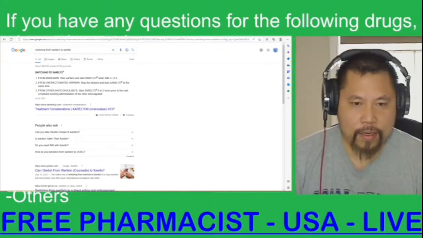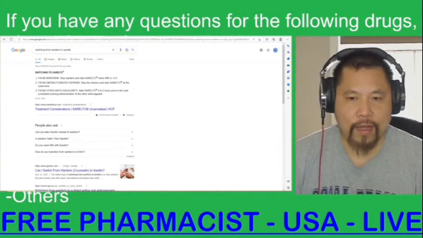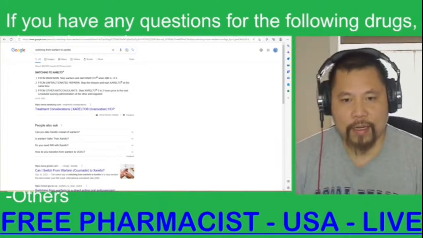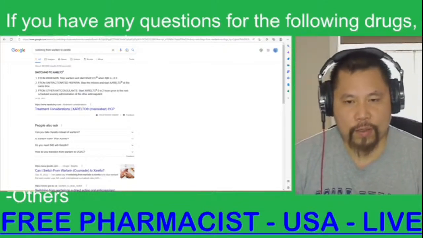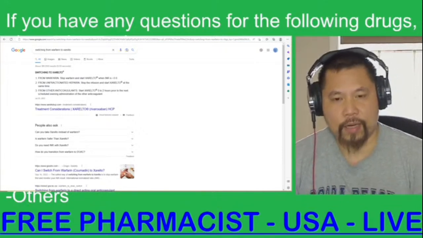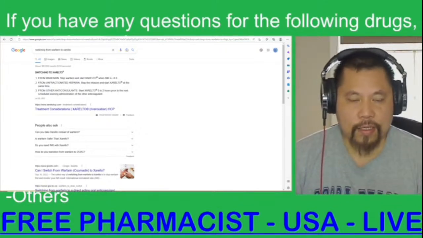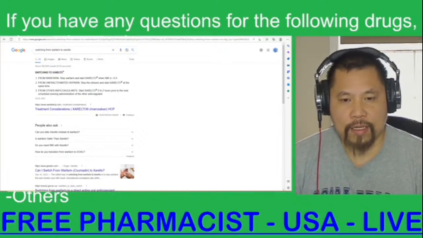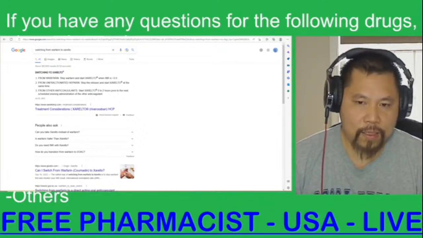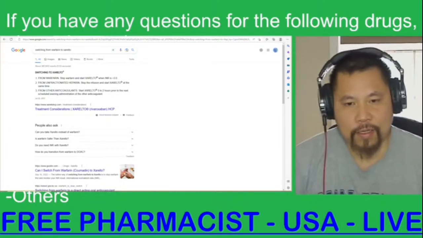You know that for Eliquis, that's when INR is less than 2, but for Xarelto it is 3. Why is it different? Because Xarelto has a little bit longer half-life.